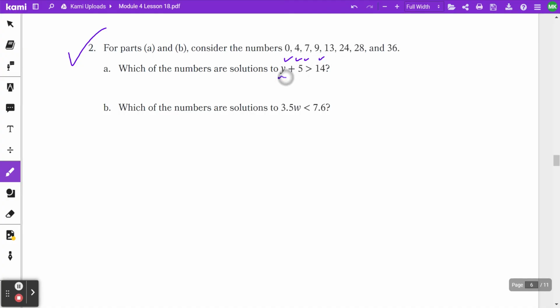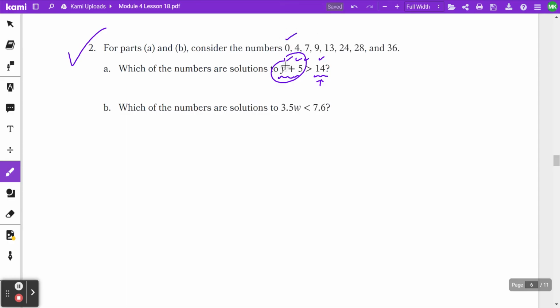So this side of the inequality must be greater than this side. Now this side is 14, so whatever happens here has to be greater than 14. It can't equal 14, it must be greater than. They give us some choices to plug in. Don't forget that 36 over there. So y plus 5 must give me something greater than 14.